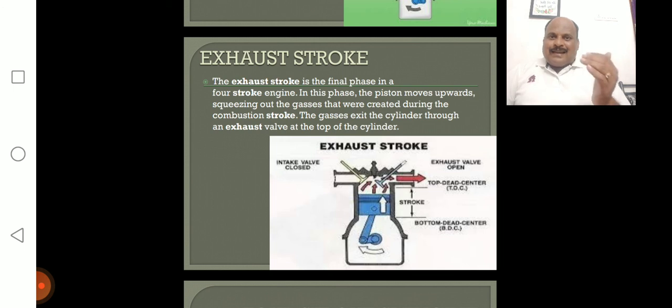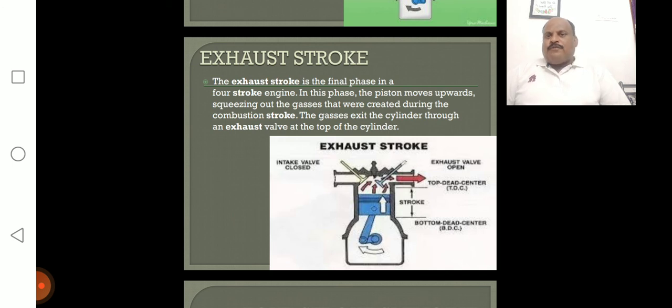At the last end point, by the spark plug, we are giving a spark, igniting the charge. Suddenly gases expand and pull the piston from TDC to BDC. In the power stroke also, both valves are closed and the piston is moving from TDC to BDC.